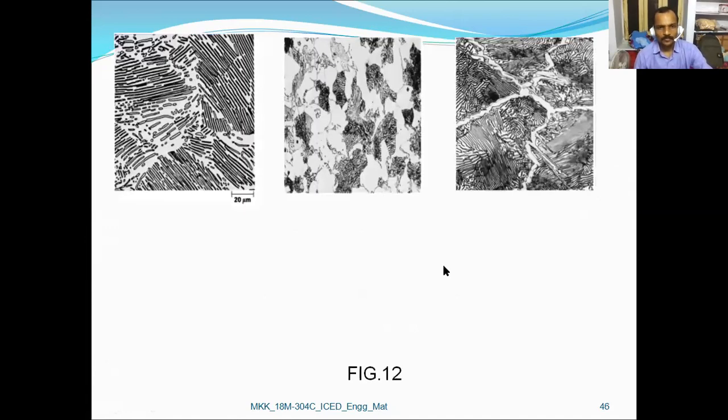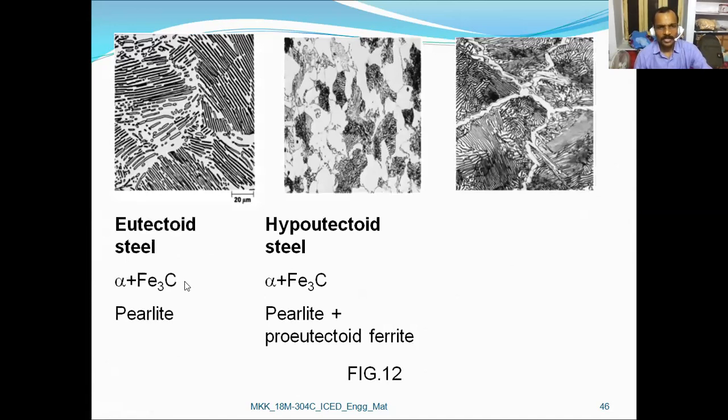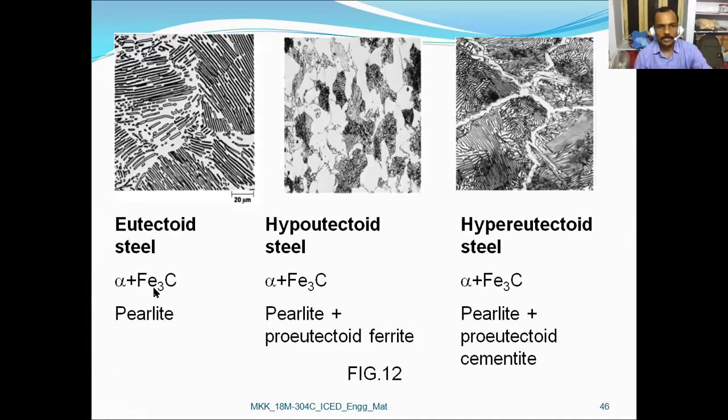So eutectoid steels are alpha plus Fe3C, known as perlite; hypoeutectoid steels are alpha plus Fe3C perlite plus proeutectoid ferrite; and hypereutectoid steels are alpha plus Fe3C perlite plus proeutectoid cementite. This is the structure for eutectoid steels, this for hypoeutectoid steels, and this for hypereutectoid steels.